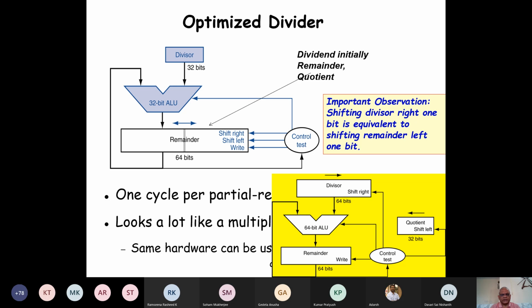But just asking this question, that we are doing only the shift left operation. Why do we need this shift right operation here on this register? This register should be able to do both shift right and shift left.